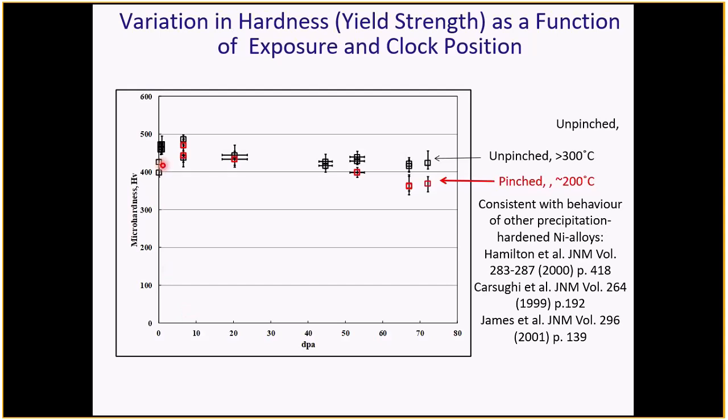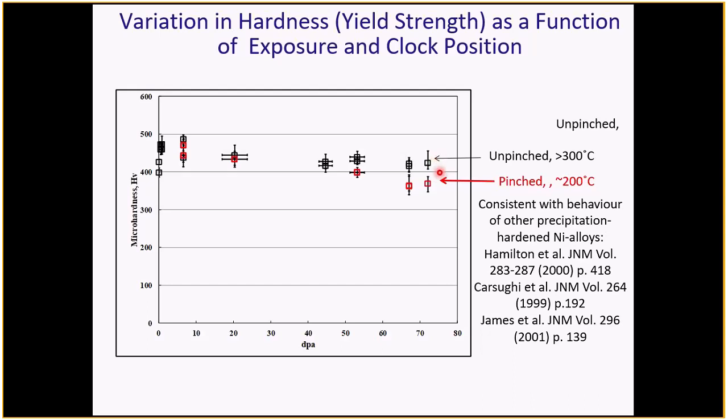I mentioned the window, the Inconel 718 window that was in the LANSCE accelerator production of tritium facility, that had a yield strength behavior where the yield strength went up with dose and then came down, and we see exactly the same thing with our spacers.